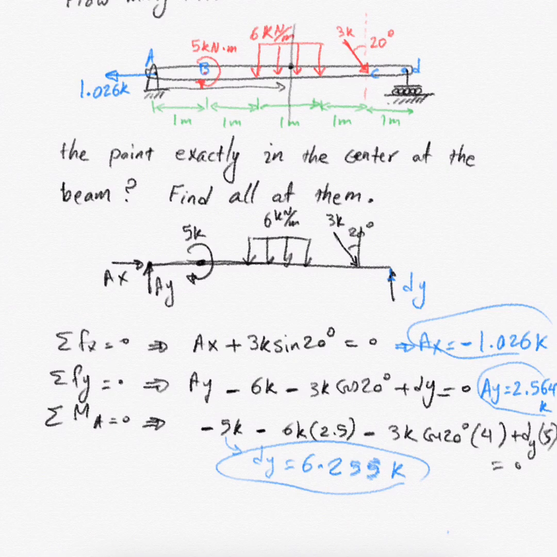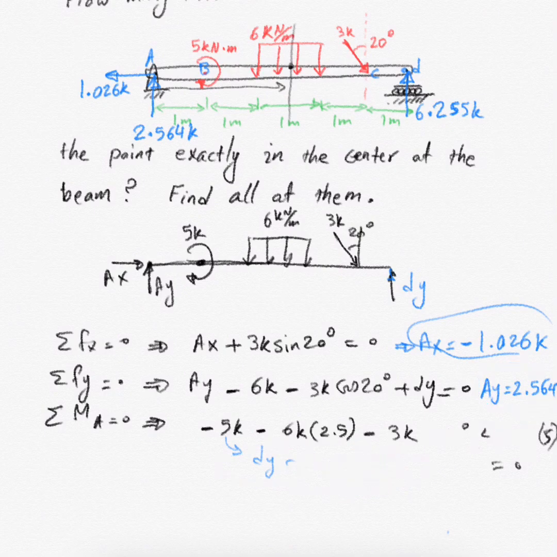Ay goes this way and is 2.564K, and there is going to be a Dy, and this Dy is 6.255K.